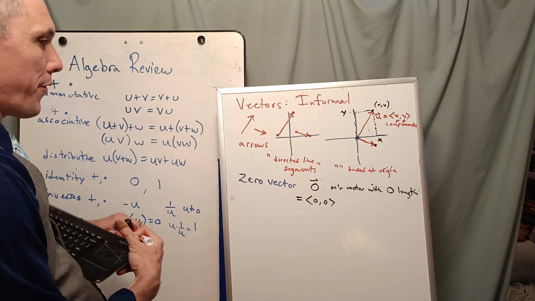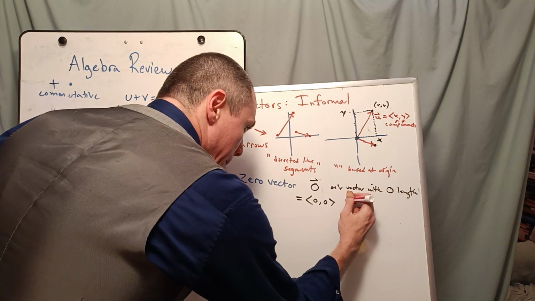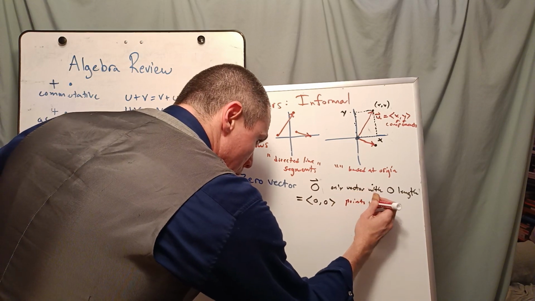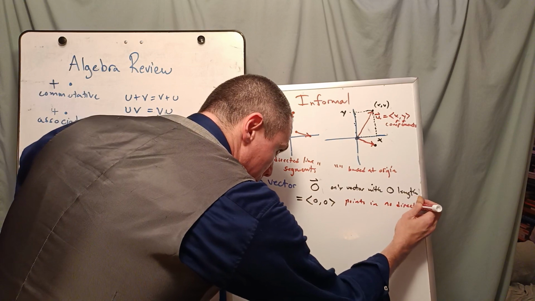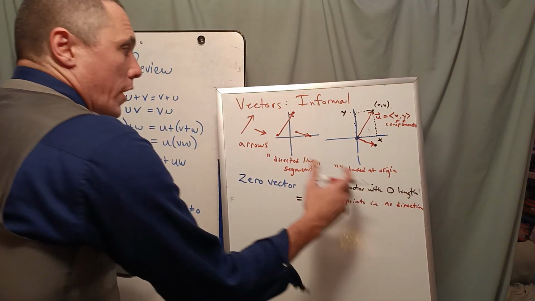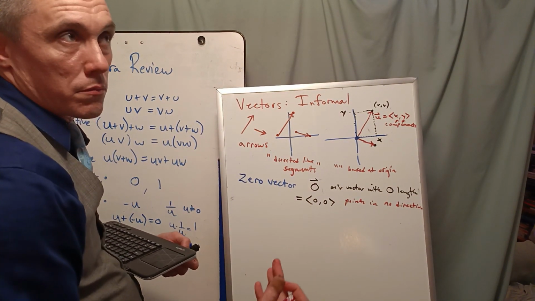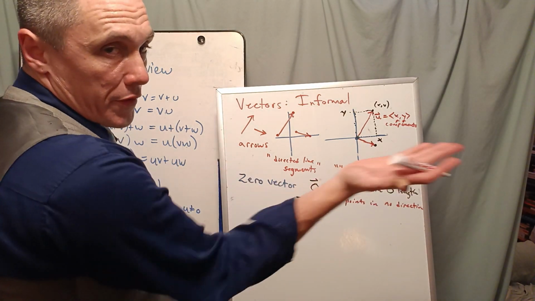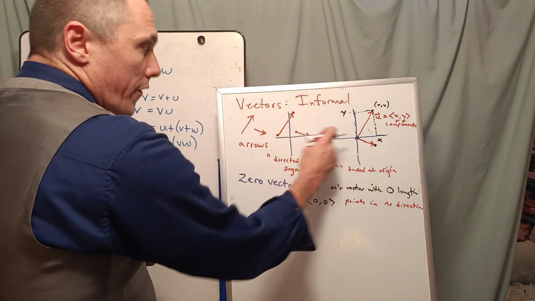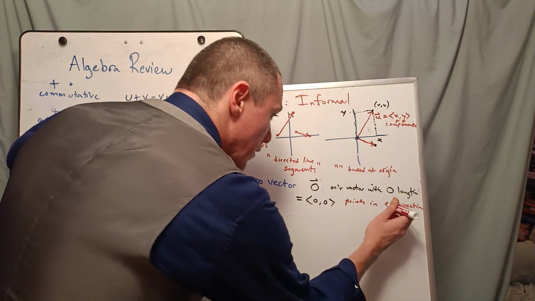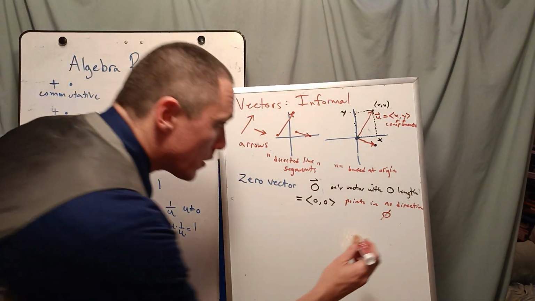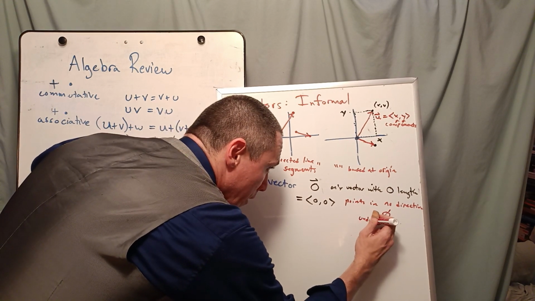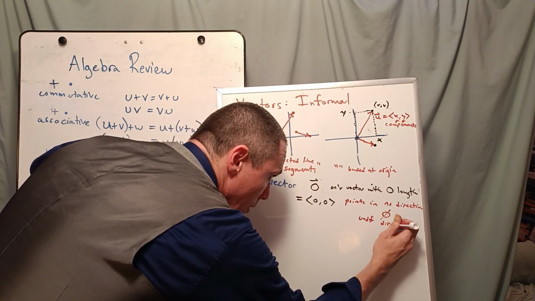And one thing about the 0 vector is that it points in no direction. And here I don't mean no like it points in 0 direction. That doesn't make much sense. Doesn't point along the 0 angle. That would be along the x-axis. No, it has empty direction, undefined direction.